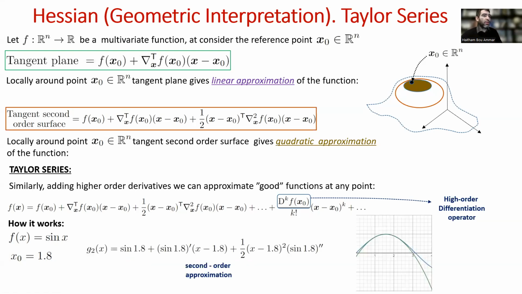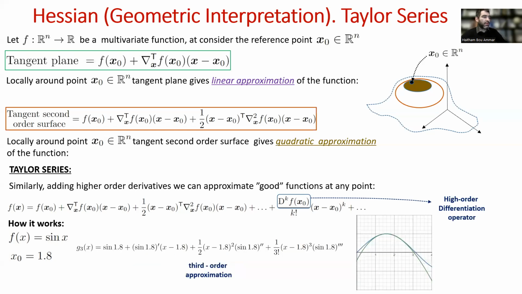Now let's see the second order approximation, which is given by this tangent second order surface, and following the expression of that, we get the form given by this parabola here. And this parabola, as you can see, already gives a very good approximation in quite a big neighborhood around the point x equal to 1.8 for the function sine of x. This parabola is the green line, and the sine of x is the blue line.